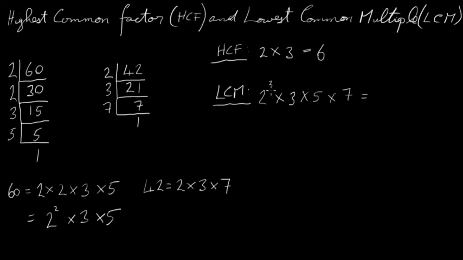Let me see. 2 squared is 4. 3 fours are 12. 5 12s, 60. 60 times 7 is 420. So the lowest number that these two numbers, 60 and 42, will divide into is 420. The highest number that will divide into 42 and 60 is 6. And that's about it.